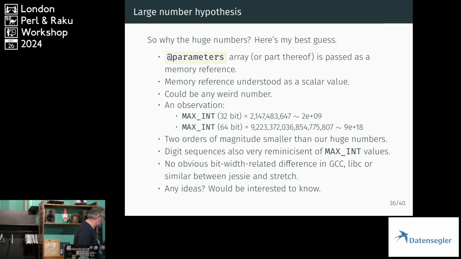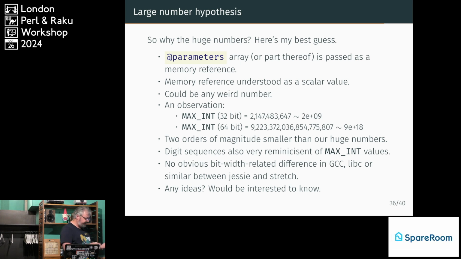Now, what's weird is that these two numbers are 2 orders of magnitude smaller than the numbers I'm seeing. And the digit sequences are very, very similar. They change a little bit between runs, but you always get 2 something and 9 something. So there's something kind of bit width associated in here. And I couldn't find anything. I mean, I dug.